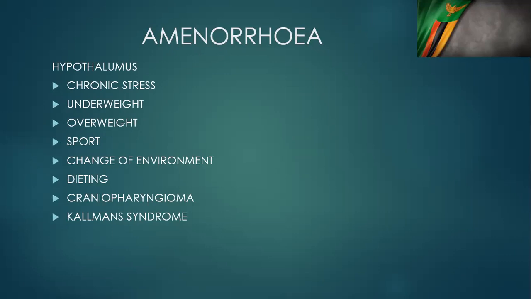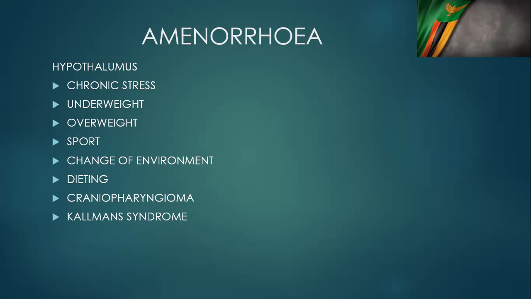So this is a list of causes of pathological amenorrhea that has been caused by problems in the hypothalamus. What you need to recognize about this list is that it's really a list of stress. Any stress, the hypothalamus is very sensitive to stress.